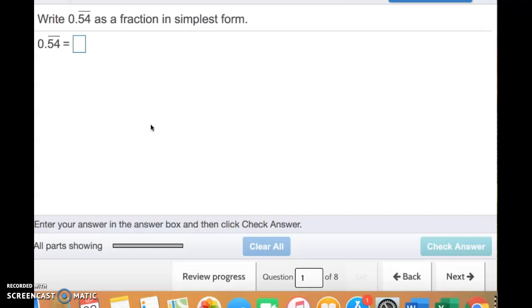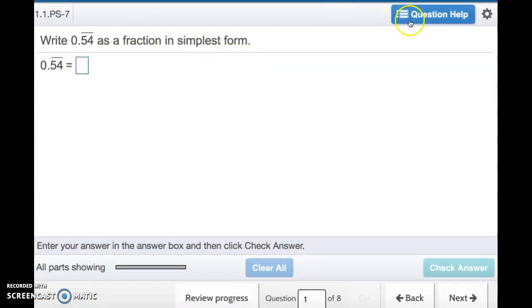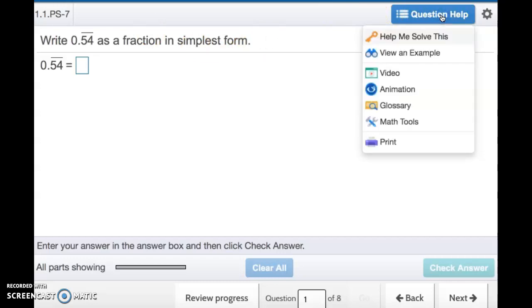So one of the things I want you to do, whether you're trying to figure out how to answer it or maybe you don't understand the lesson, is go to question help. If you look right at the top of this lesson, there is question help. If you click on that, it gives you several different options. You can look at a video about it, you can look up the words in the glossary, but the most important thing is view an example.